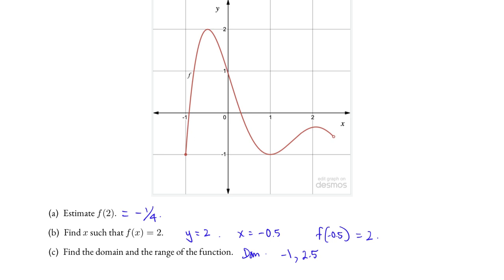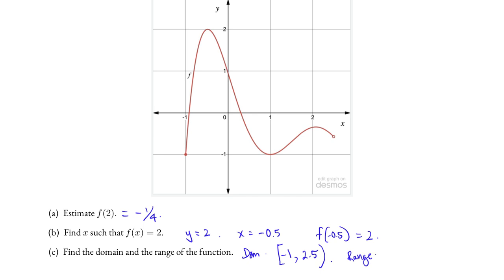And if we want to include it, we would open the interval with a bracket. And we want to exclude 2.5 because the graph ends with an open circle. So to close this interval, we would use the parenthesis instead.